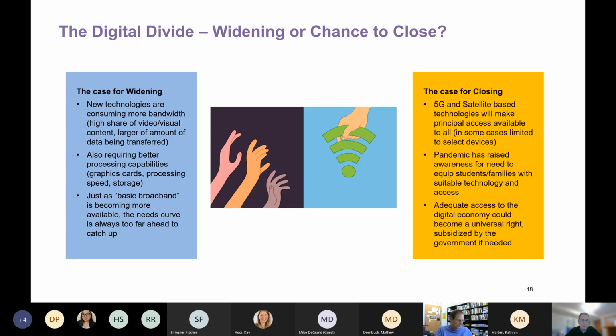Even though we are introducing satellite-based broadband and maybe wireless broadband, as these technologies are evolving, they are becoming so data-rich, with more and more video content, high-definition content, that even as the principal access is improving, the ability to use cutting-edge technologies, virtual reality, augmented reality, artificial intelligence, is still not going to be a reality, except for those who are able to upgrade to the highest level of access, which again then becomes an economic question.